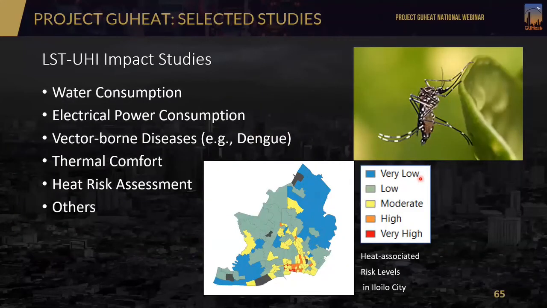As mentioned, we are also looking at impact studies: the impacts of urban heat islands on water consumption, on electrical power consumption, on the transmission of vector-borne diseases such as dengue, and on thermal comfort, which is very important if we want to make our cities more livable. We are also looking at heat risk assessment.